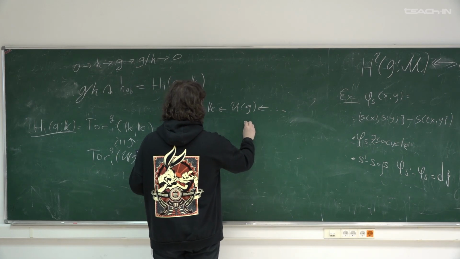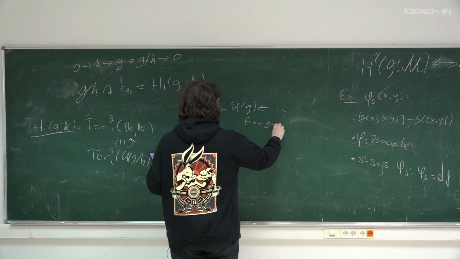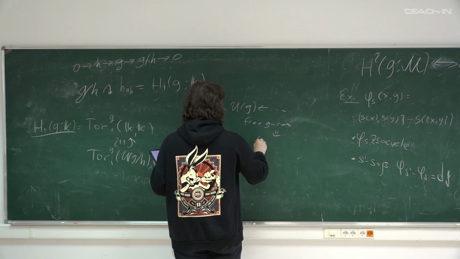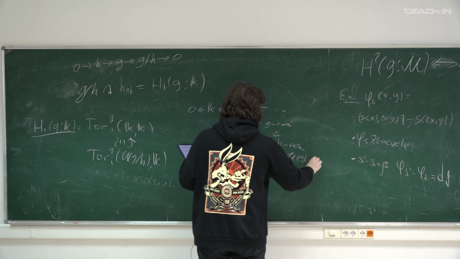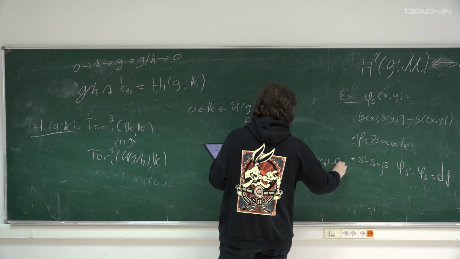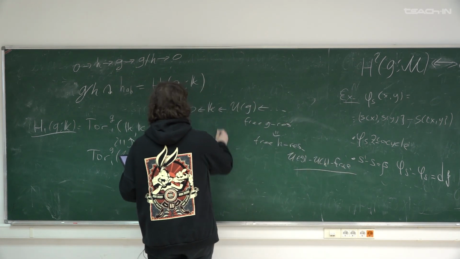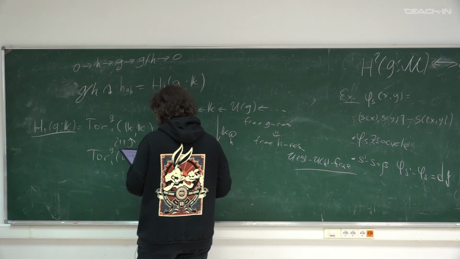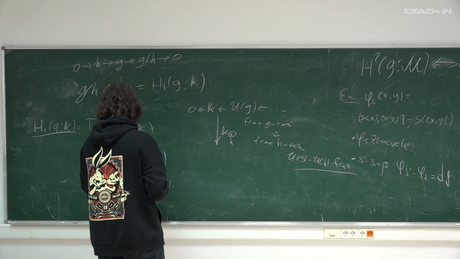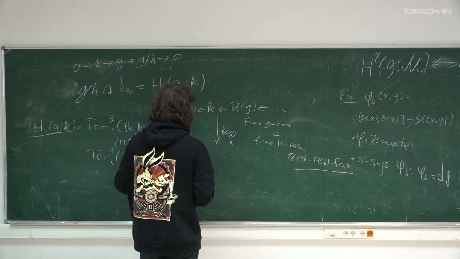So if I tensor it over UH with K, what do I obtain?